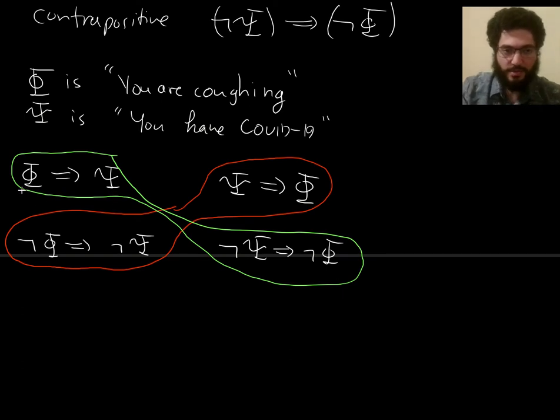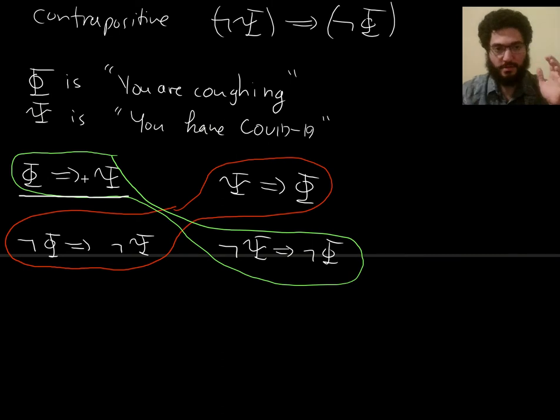Another way to think about it is think about it as applying to a group of people. So for this to be true about all people in a group, it would have to be true that anyone who's coughing has COVID-19. So it would have to be true that if you take the collection of coughing people, then that's a sub-collection of the collection of people who have COVID-19.